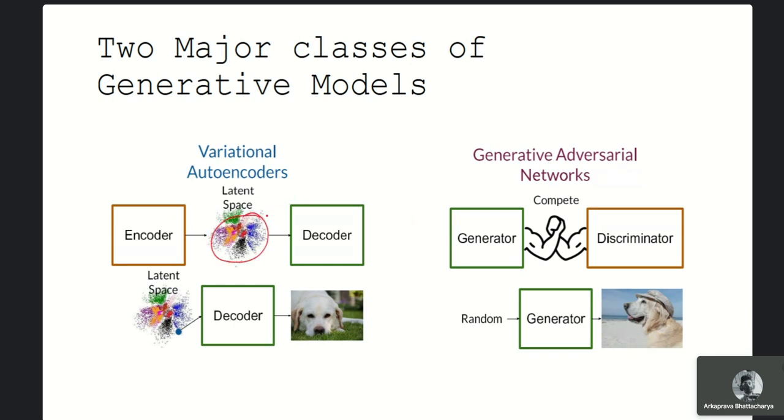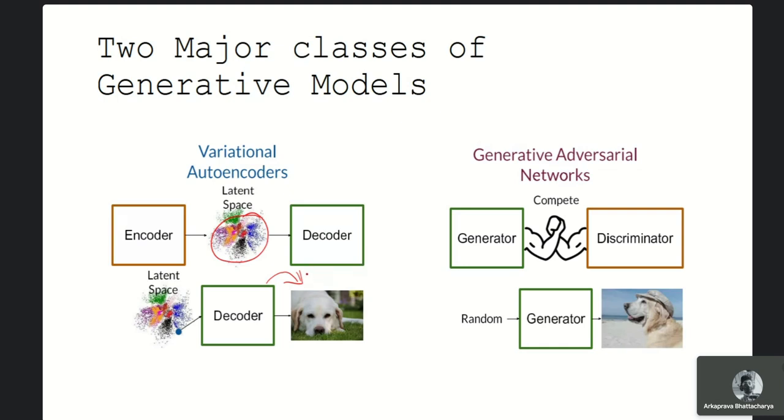Then the decoder picks up points from this latent space and transforms them into another realistic image of a dog. So the input is a dog and the output is also a dog, which resembles the original image. In between, we encode our input into a latent space, and the decoder transforms it from latent space into a realistic dog.